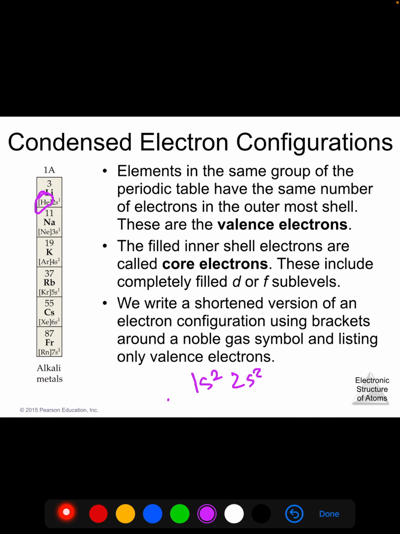Now we can fit the p's, 2p6. Sometimes this 2 is written or not. And now for sodium we still have one more electron, 3s1. All of this is the electron configuration for neon, so you can just write neon instead of that.